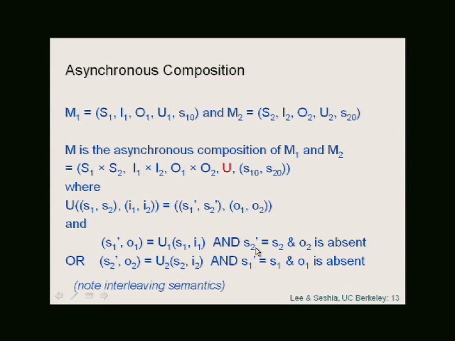So these are the formal definitions of synchronous and asynchronous composition. This is the case with asynchronous composition with interleaving semantics. How would I change this definition if I were to use asynchronous composition with the other semantics where I allow simultaneous transitions? Yeah?